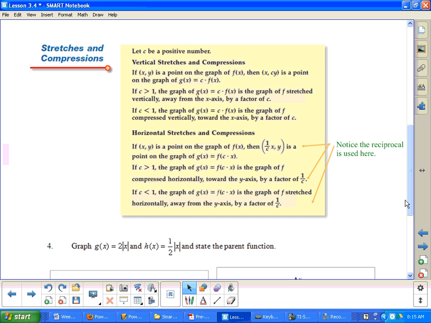We're going to stretch it out by that factor. Notice where the C is here for a vertical stretch. It's out in front of the function. That means I'm going to take the whole thing and multiply it by that number. If it's greater than 1, then it's a stretch. If C is between 0 and 1, then it is vertical compression. It's going to squeeze it together.